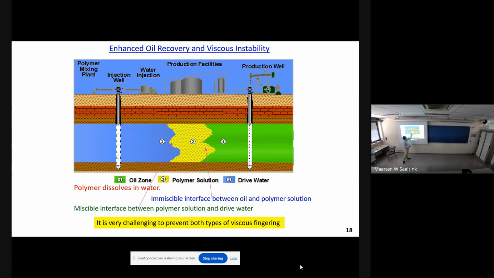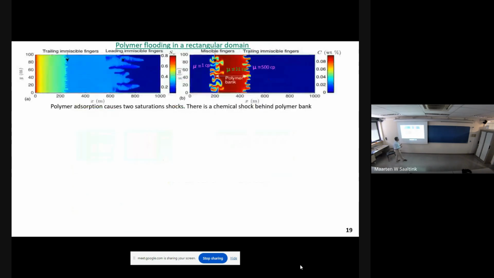But polymer cannot be injected for a long time; it's expensive, so it is stopped. After it is stopped, there is water without polymer, water with polymer, and oil. So there are three fluids with three different viscosities. The water with polymer and the oil are immiscible, but the water, both with and without polymer, is a miscible fluid.